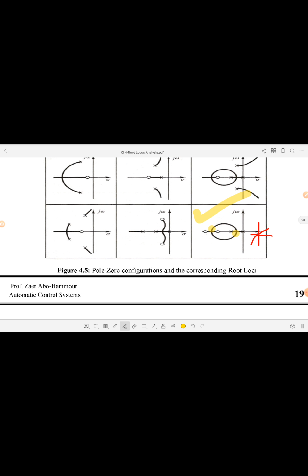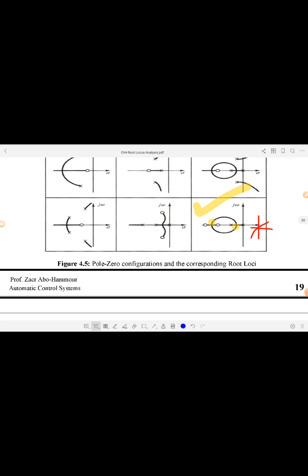And if we have 2 adjacent zeros and the segment between them is part of the root locus, then there must be a break-in point.